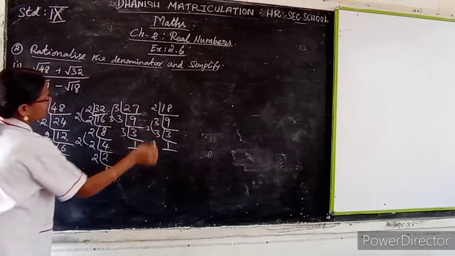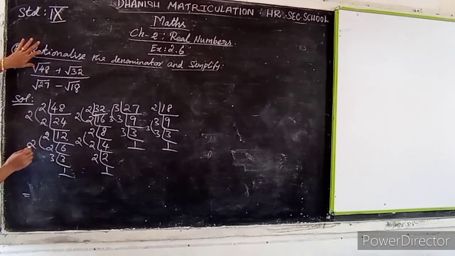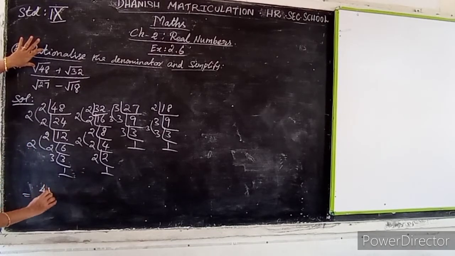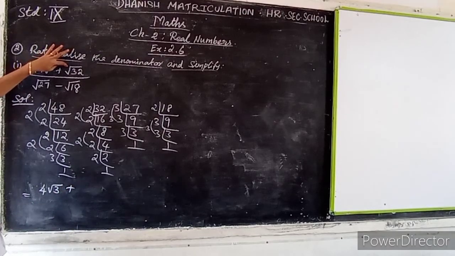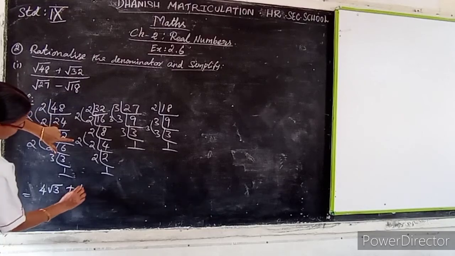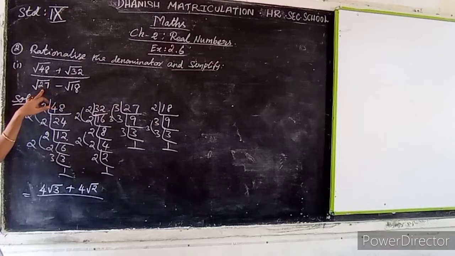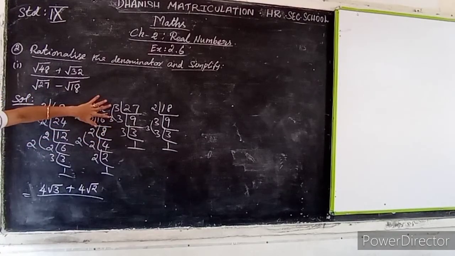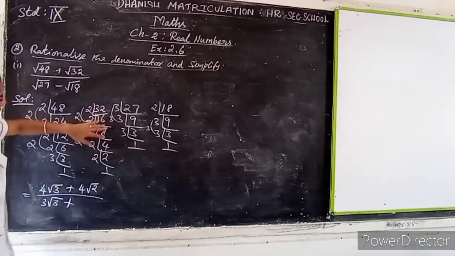So root 48 can be written as here 1 2, here 1 2, 2 2s are 4 root 3, plus root 32 can be written as here 1 2, here 1 2, 2 2s are 4 root 2, divided by the denominator root 27, which can be written as 3 root 3, plus no.